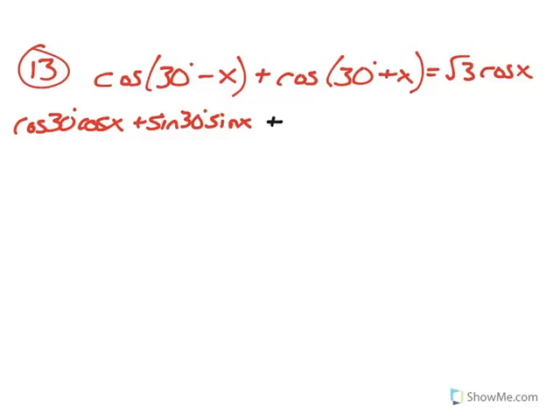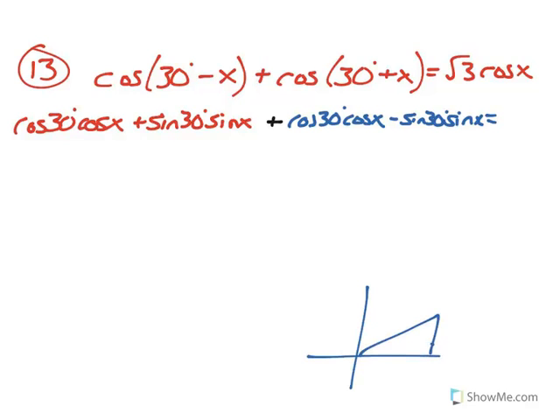Cosine of 30 plus x is going to be cosine of 30 degrees times cosine of x minus sine of 30 degrees times sine of x. To finish this, we have to know what cosine and sine of 30 degrees are. Opposite 30 is 1, opposite 90 is 2, opposite 60 is the square root of 3. Cosine of 30 degrees, therefore, is square root of 3 over 2.